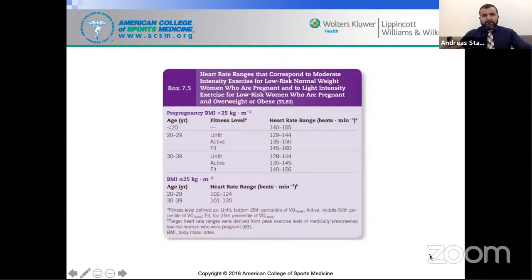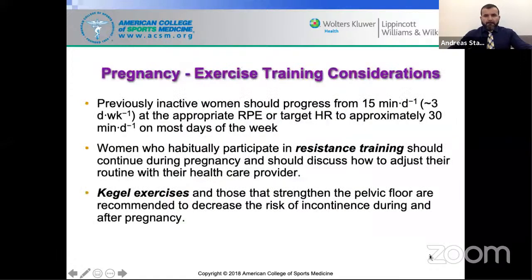This is a nice table that combines fitness level and heart rate in terms of beats per minute for pregnant women. We covered that already. Kegel exercises have to do with the pelvic floor muscles. So as you understand, those are important for pregnant women.